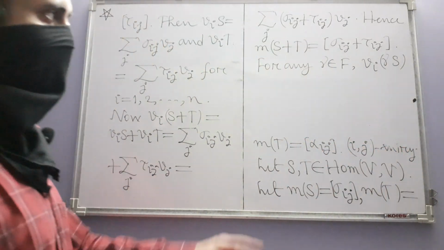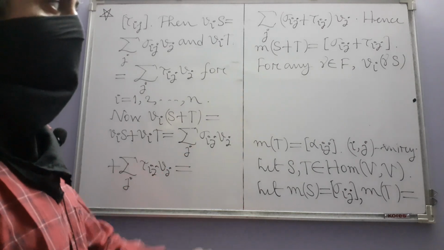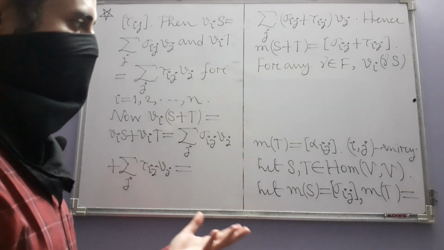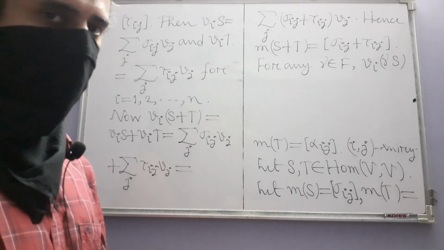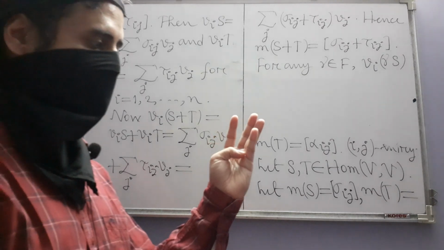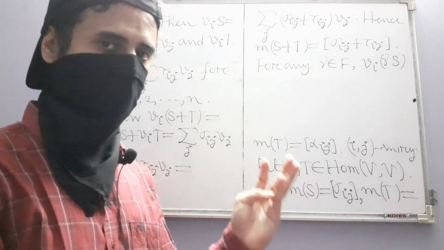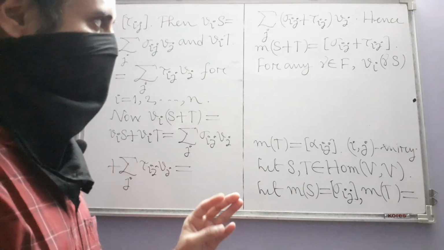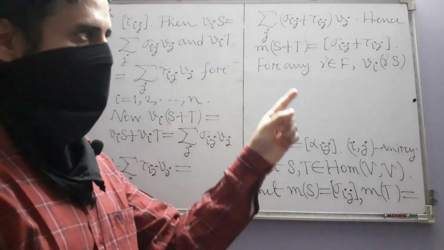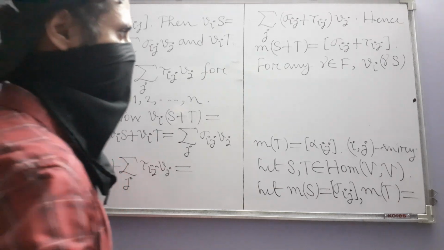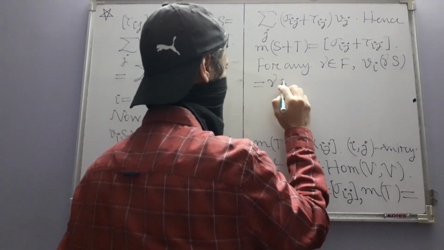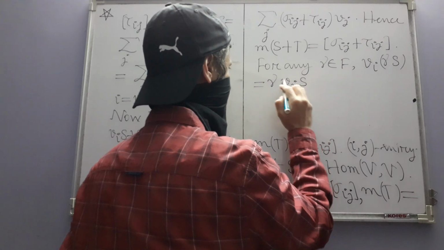I can multiply the operator S by the scalar gamma, that is allowed because the operators form an algebra. And in an algebra, we have addition of vectors, multiplication of a vector by a scalar, and multiplication of vectors as well. So I can multiply this vector S by a scalar gamma. By definition, this is what? Gamma times Vi S.